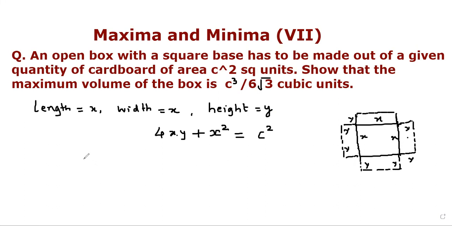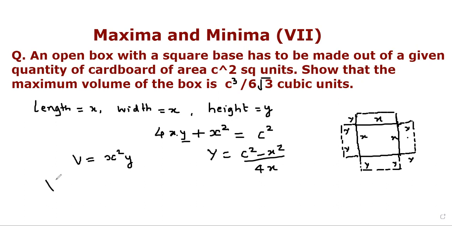Now the volume of the box V will be equal to x square times y. So we can get the value of y from here. So y will be equal to c square minus x square divided by 4x.